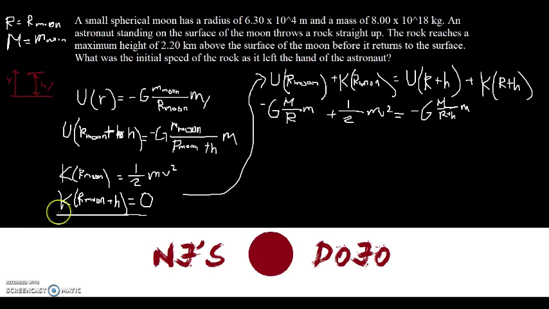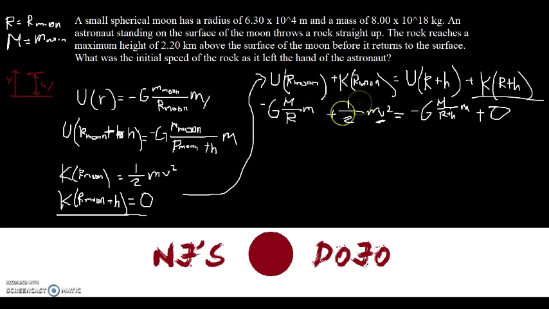And now, this term has to be 0, since at this point in time the rock is at its highest point, so all energy is potential. So this is 0. Okay, now we try to manipulate the equation. Since we're looking for the initial speed of the rock as it left the hand of the astronaut, we're simply looking for this v.